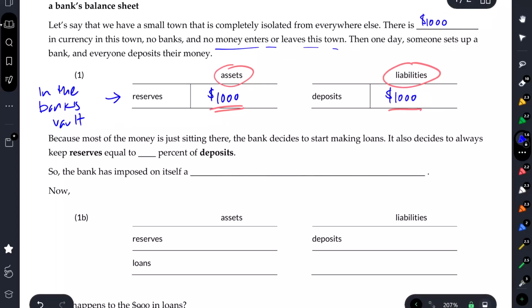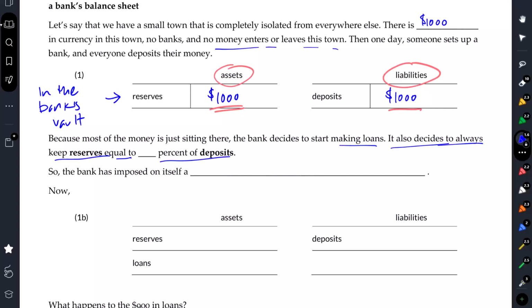Okay, now because most of the money is just sitting there, the bank decides to start making loans. It also decides to always keep reserves equal to some percentage of its deposits. So just for the purpose of having some money on hand, if people want to withdraw money, then they'll be able to. So the bank is going to keep, let's say, 10% of its deposits.